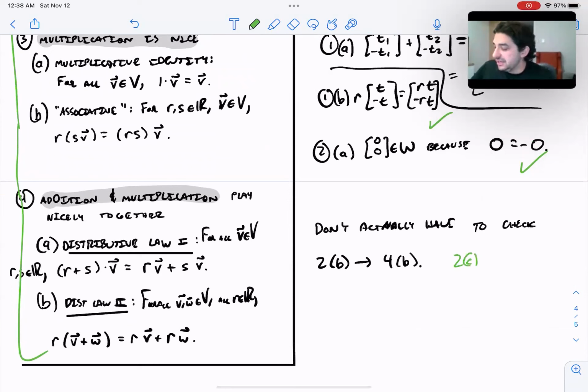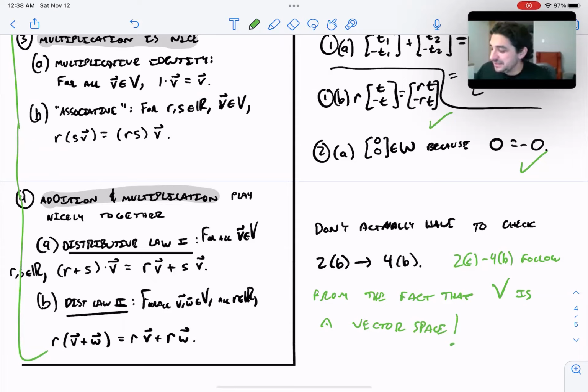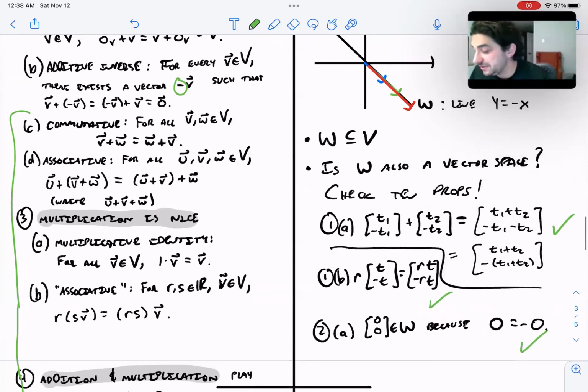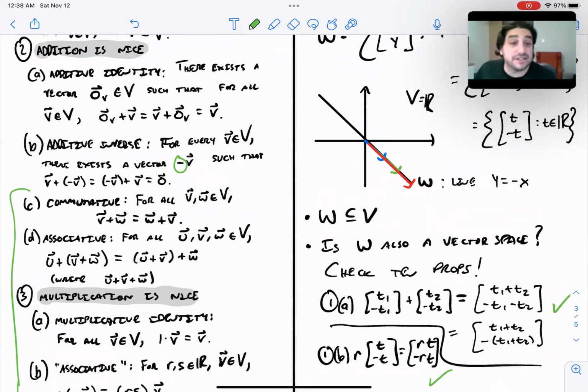Because 2c through 4b automatically follow from the fact that V is a vector space. Say you want to prove that in W, addition is commutative.